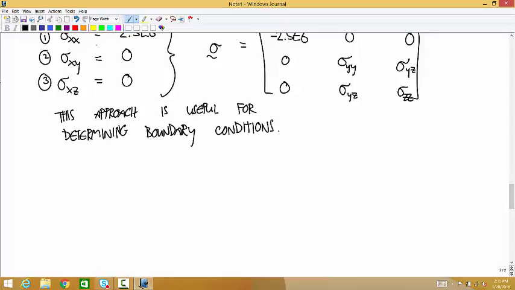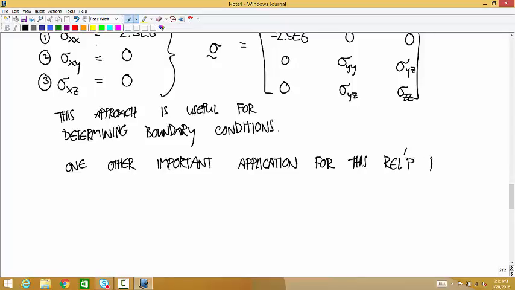One other important application of this relationship between stress and traction is we're going to use this in our derivation of the principal stresses.